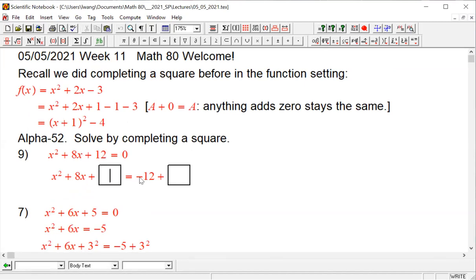What do you add on both sides? Alan, Marcelo?